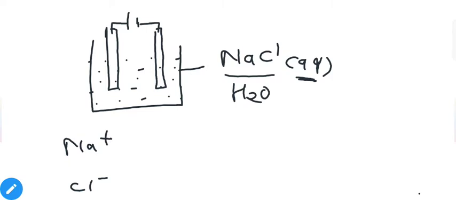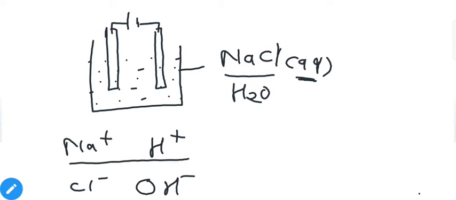NaCl is dissolved in water, and we know that water also produces its own ions, which are H+ and OH-. So in this case we have two positive ions and two negative ions, and both of them will compete with each other. So we have to find their reduction potentials to confirm which of them will be reduced and which will be oxidized. So let us see.